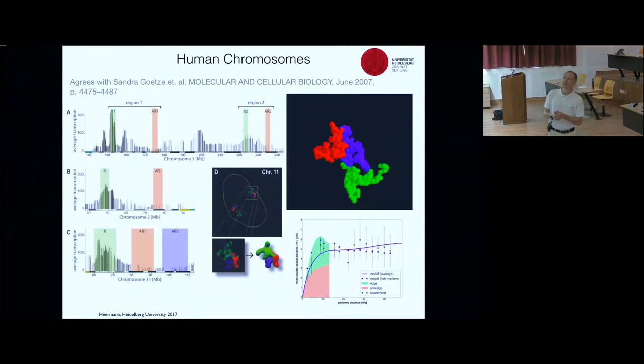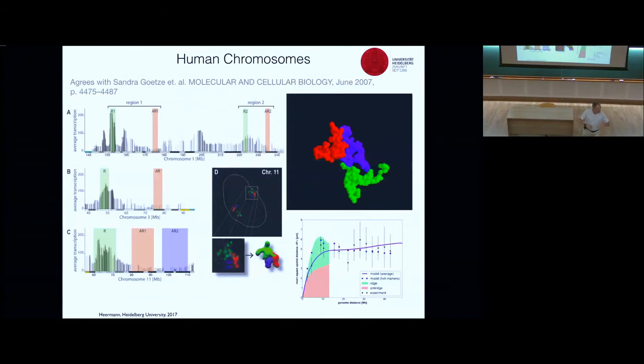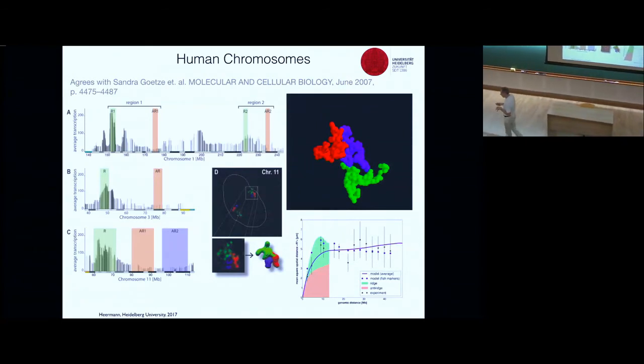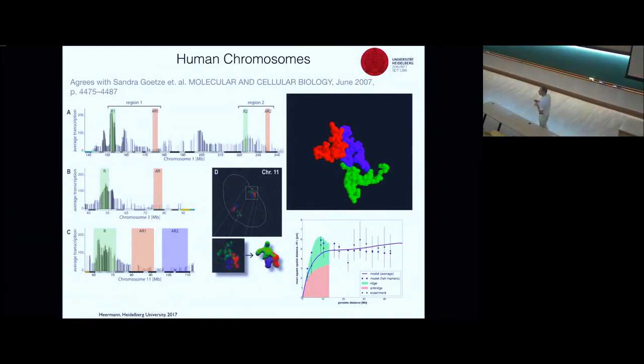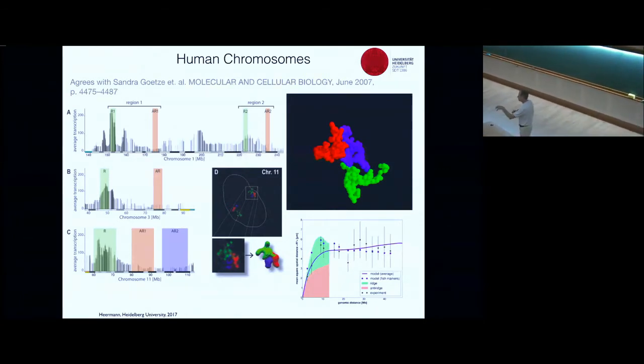This is what you see in the experiment, that indeed they're not entangled, they're fairly well separated, and this is our calculation for this. So the model works quite well also for these kinds of experiments. It tells you that the chromosomes internally are segregated into different kinds of regions, which is consistent with what we were saying before, namely that you want to disentangle what is happening.